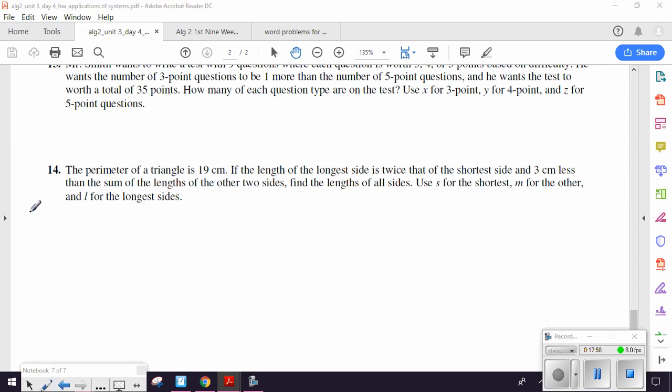So again, S represents the shortest side. M is the other side. And L is the longest side.